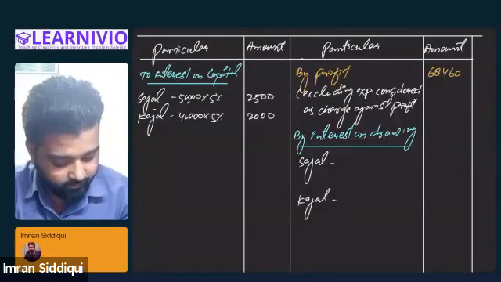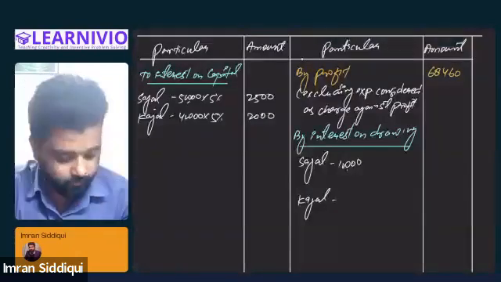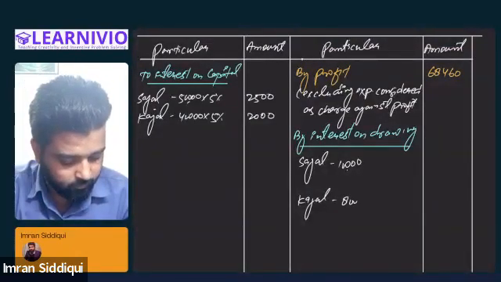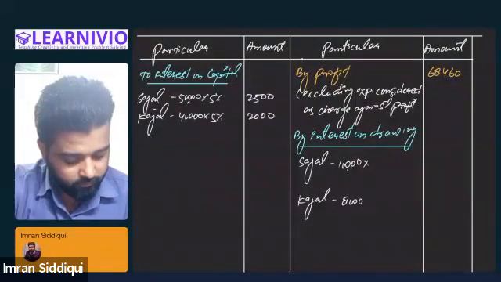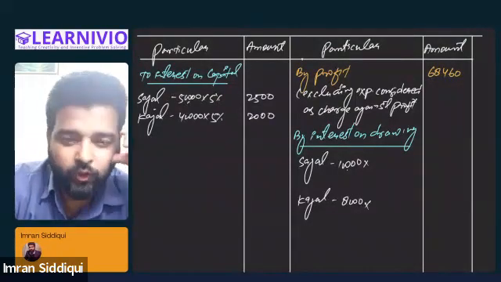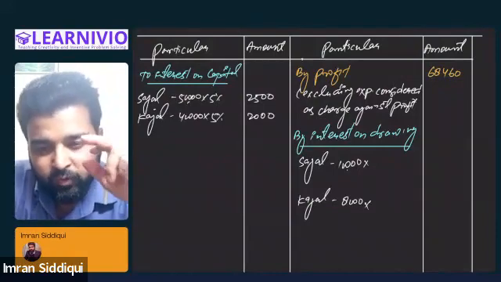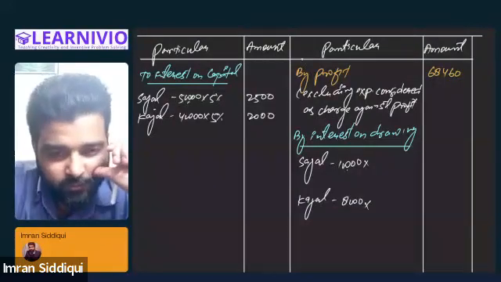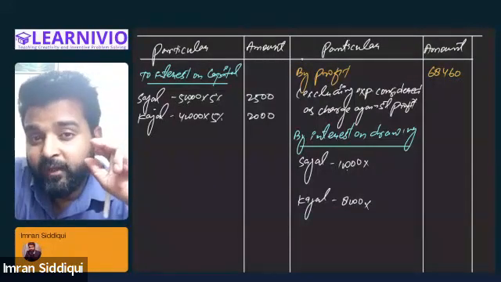Sajal has withdrawn 10,000 and Kajal has withdrawn 8,000. In order to calculate interest on drawing, apart from the rate of interest, one more thing is very, very important, students. What is that? The date of drawing is also important.